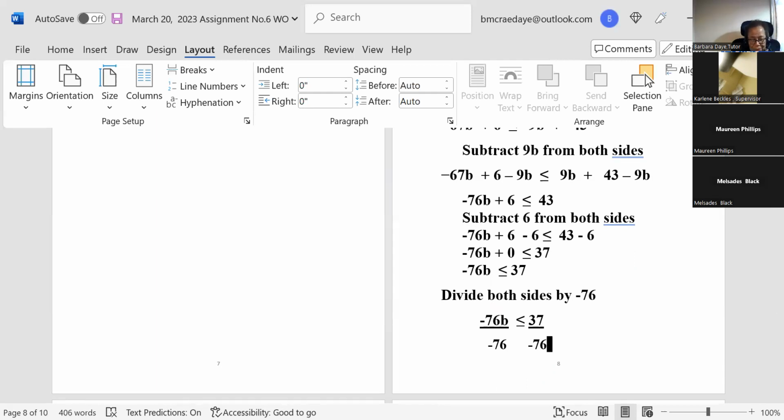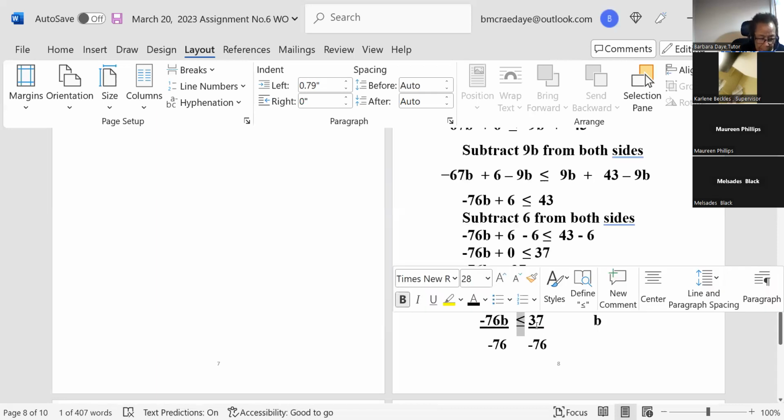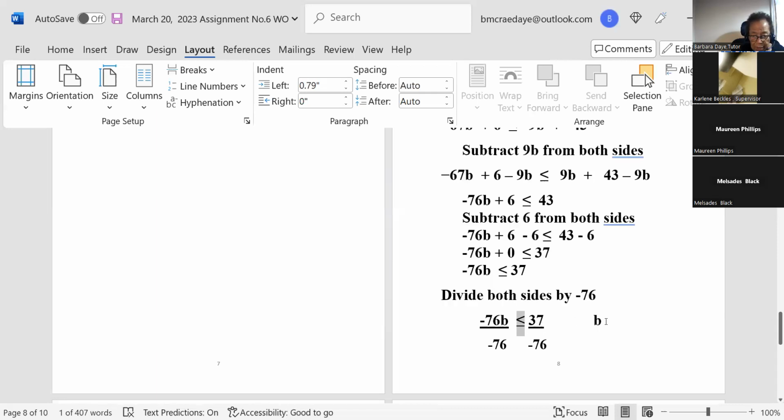What do you get, Maureen? 0.49. Okay, so let me just put this over here. So you have B less than or equal to negative 0.49, right?